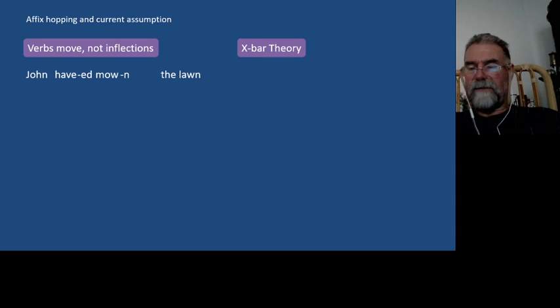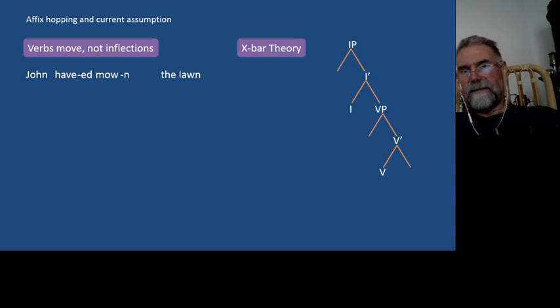The kind of things that we're assuming these days, something like this as the core part of a sentence structure, those ideas didn't come about until the mid-1980s. So this is a good 30 years after the affix hopping analysis was proposed. What we assume these days is that the inflection is ahead of the clause. Note, we're still assuming that same thing that Chomsky assumed in 1956, that inflection is the category that tense and modals belong to.